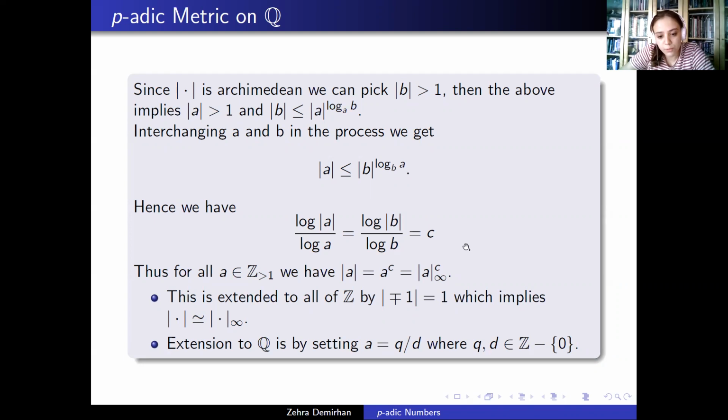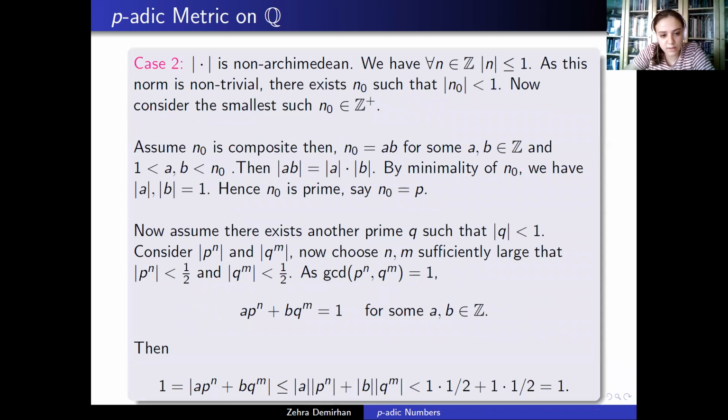So if you would like to summarize case 1, we can say that we started with an Archimedean norm, and at the end we showed that this norm is actually equivalent to the usual absolute value. Now we can extend this result to all integers, since the norm of -1 is 1, and also this extension can be done to rationals as well by setting a as q over d, of course where q and d are non-zero integers. Let's move on to case 2.